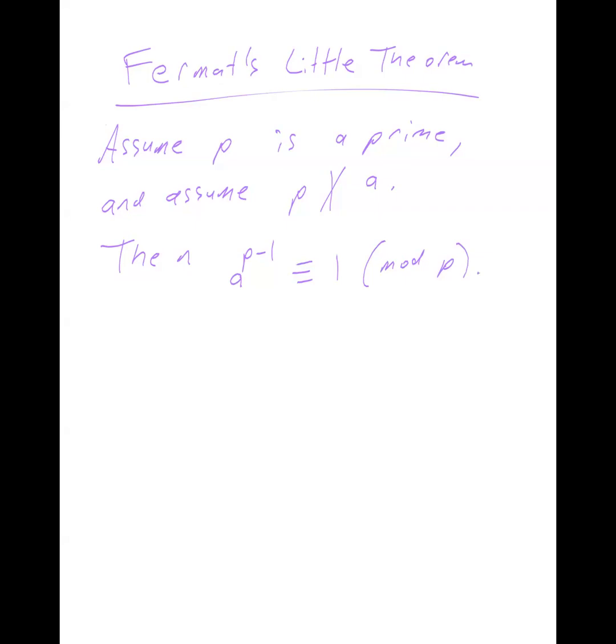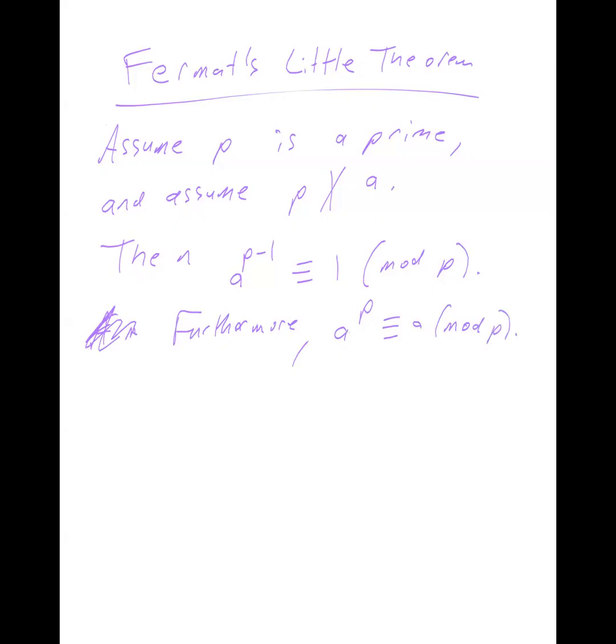And then the book just says and, or moreover, or something like that. Look, yeah, it says furthermore, A to the power of P is congruent to A mod P.